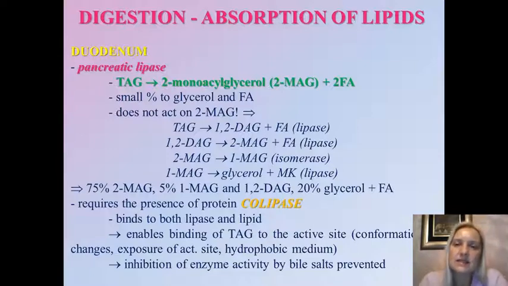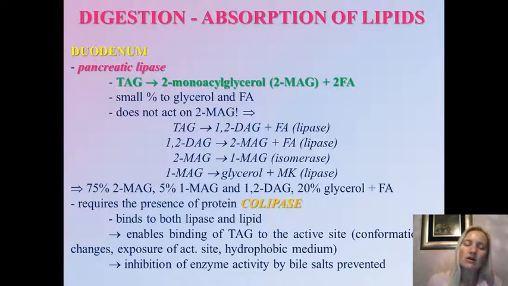Pancreatic lipase is an enzyme which requires the presence of one protein which is called colipase. This protein binds to both the enzyme and the lipid molecule to be hydrolyzed. Why is this so important? It's important because if bile salts bind to the enzyme, they're going to inhibit its activity.